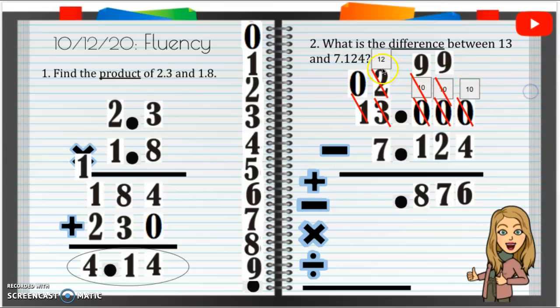All right, now we can do 12 minus 7 is going to be 5. All right, so our answer, we can make a circle if we would like to. Our answer is going to be 5 and 876 thousandths. And that's going to be our answer. Great job, everybody.